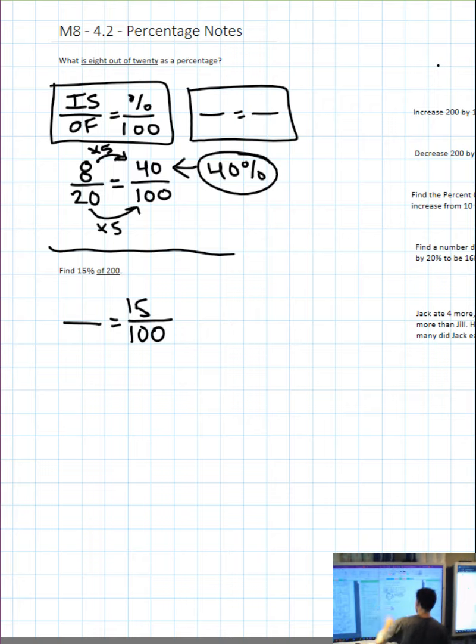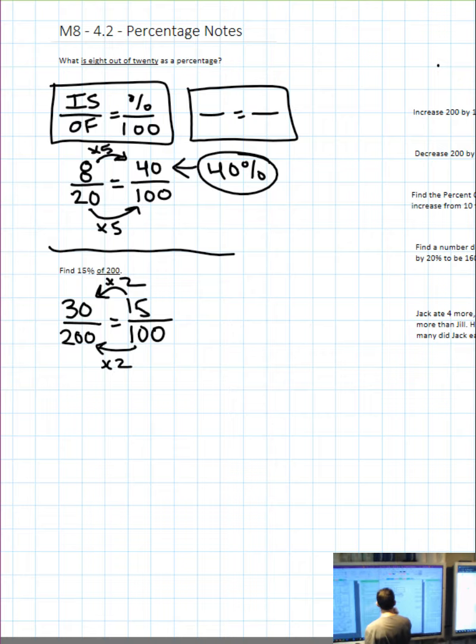Does it go on the top or the bottom? Well, is goes on the top, of goes on the bottom. Of 200, we are going to put on the bottom. Now, how do I get from 100 to 200? Well, I times 2, and I'm going in the same direction, so I times 2, and then I will get 15 times 2 is 30.